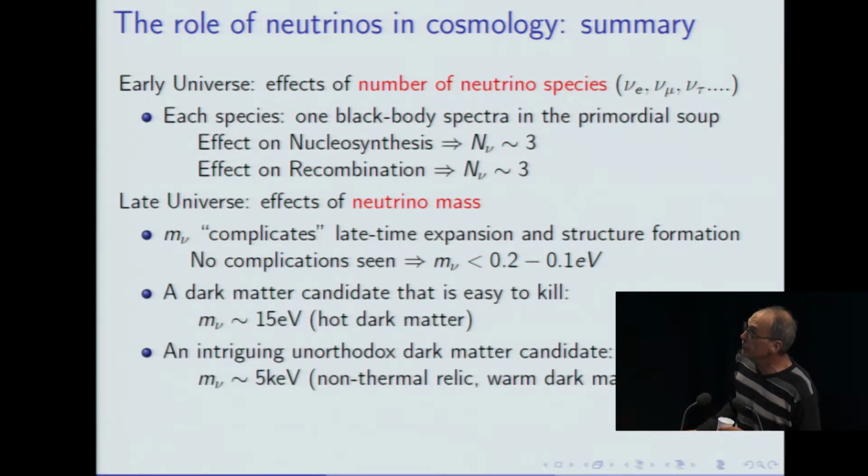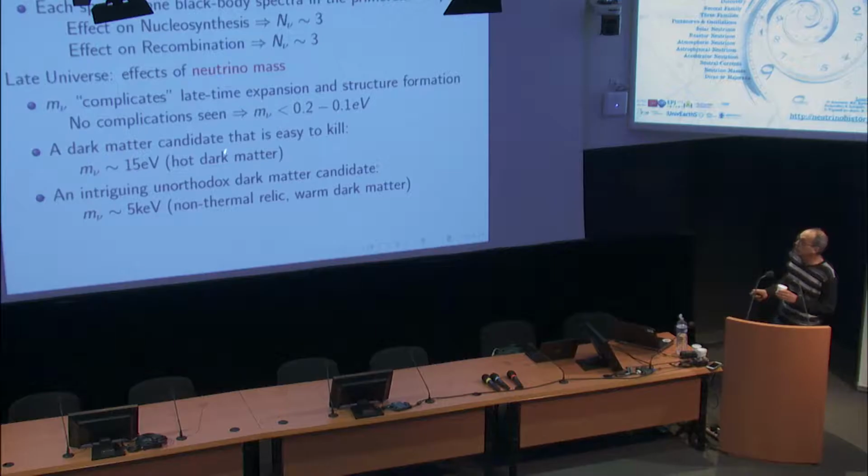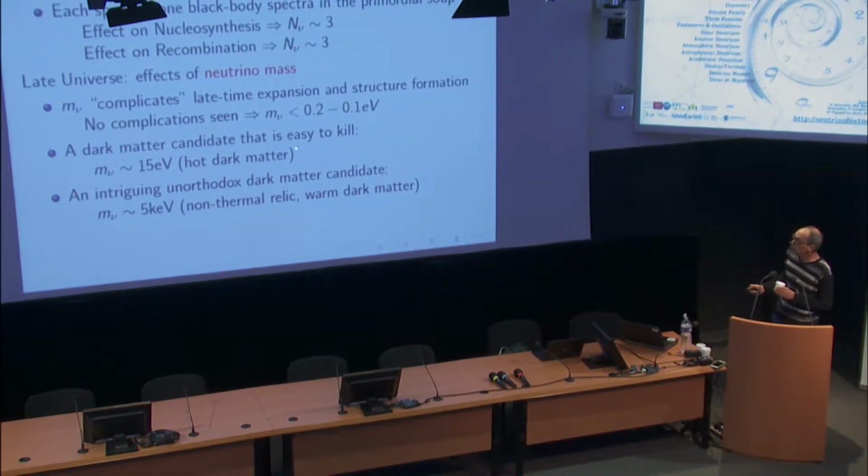So for instance, there was some talk the other day about hot dark matter. We thought a neutrino of 15 electron volts could be all the dark matter. That's very easy to kill, because that really screws things up as far as the late-time formation of structure.